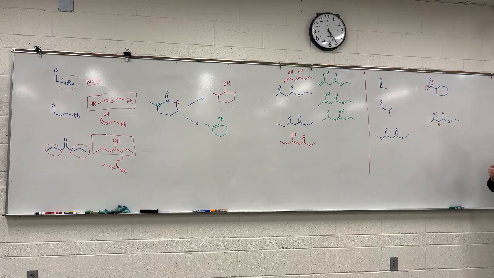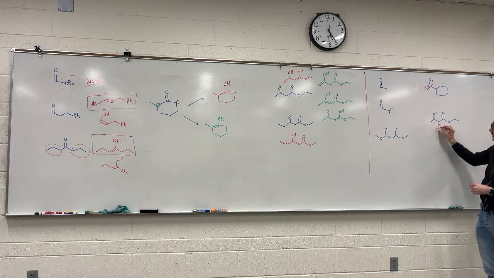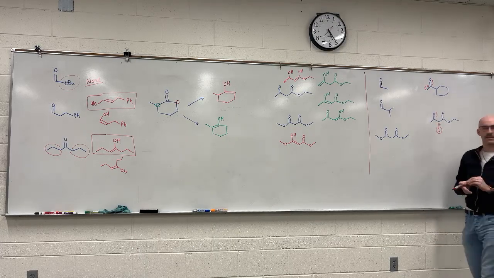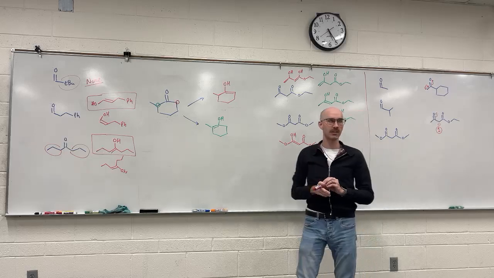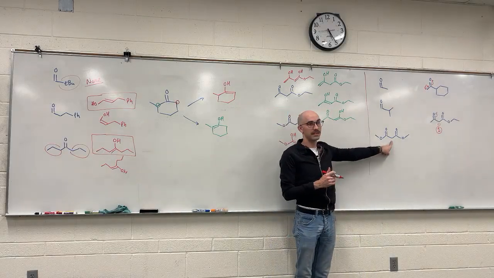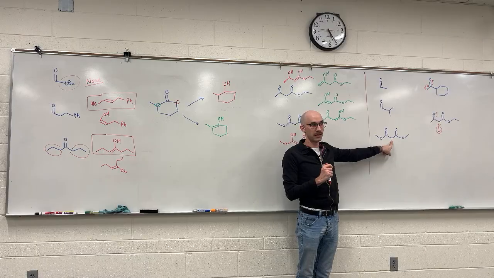Good. So here is our lowest pKa. Let's call that acidity number 1. How did you rationalize that would be more acidic than the central alpha position on the malonic ester?